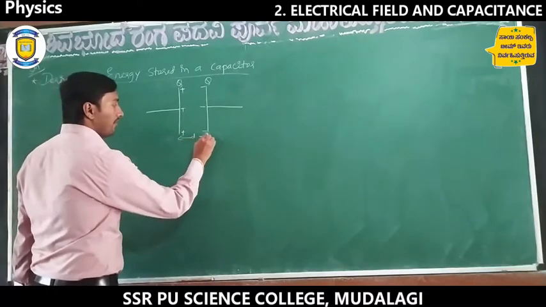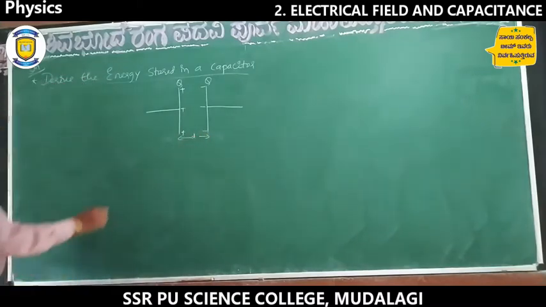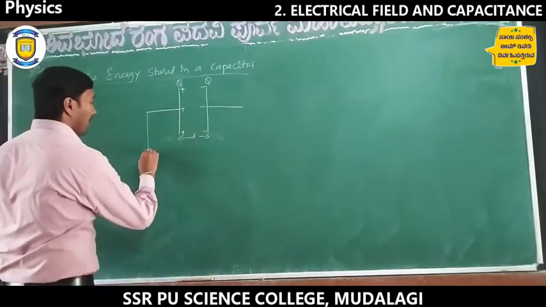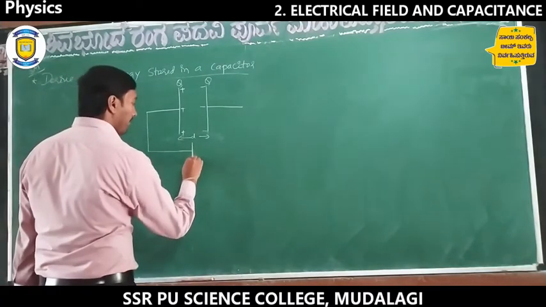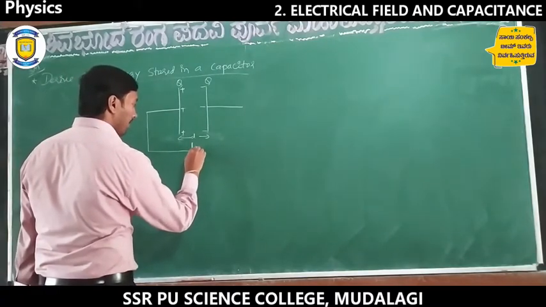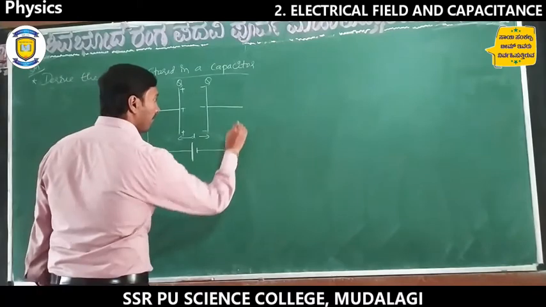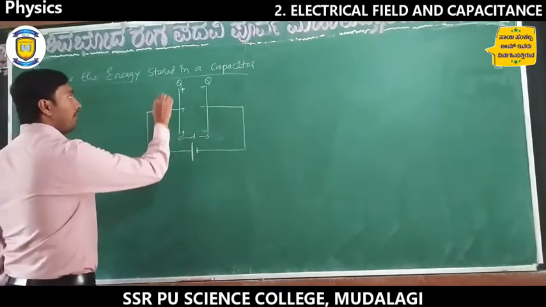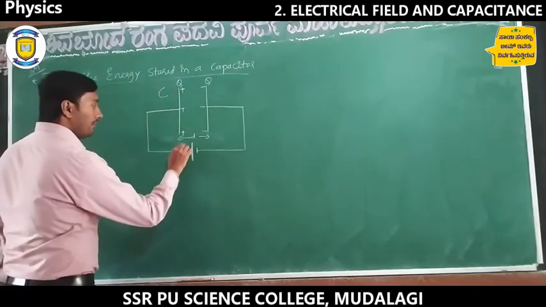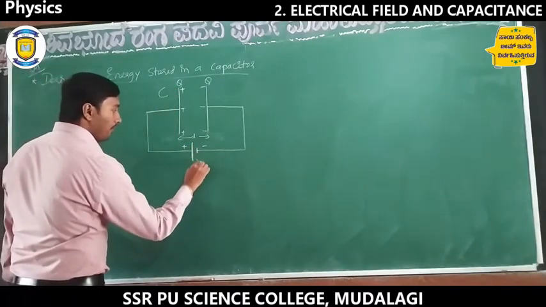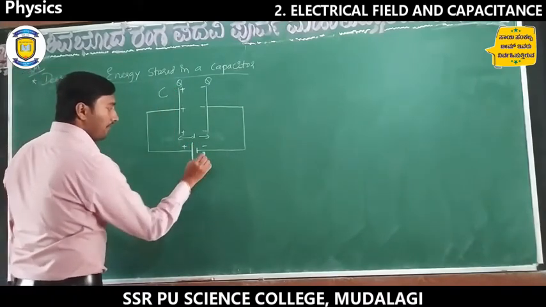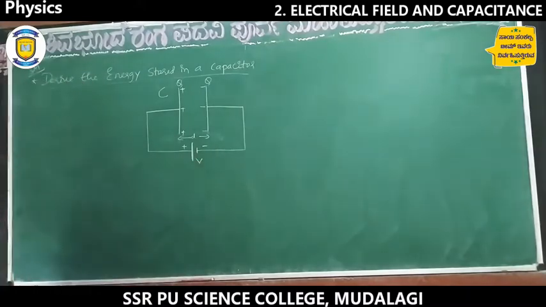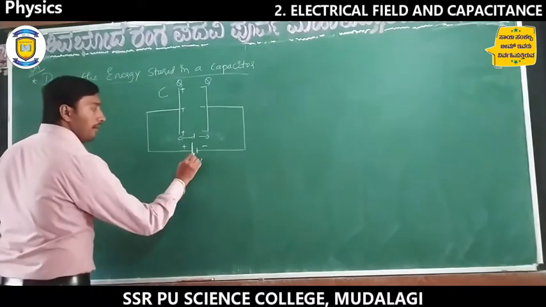This is the small distance D. Now we have the external battery connected to the capacitor. This is capacitor C. This is one battery, with potential difference V. This is called the battery.